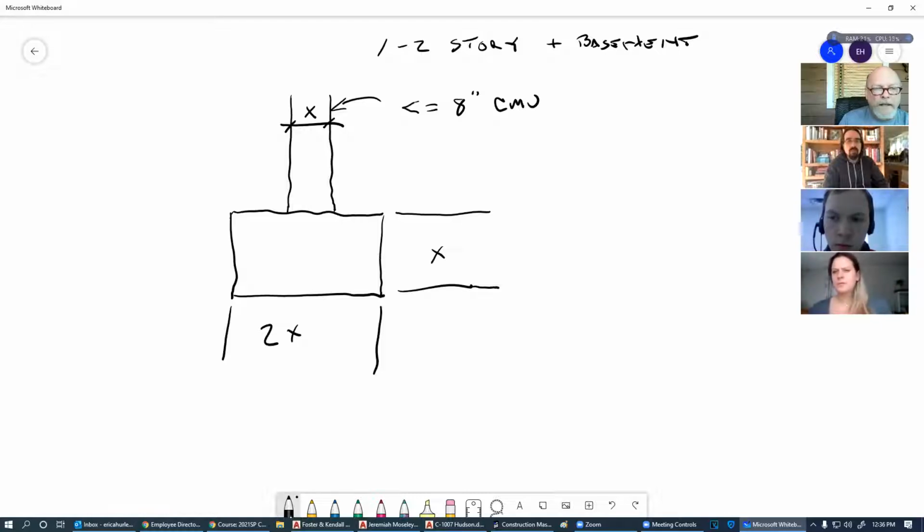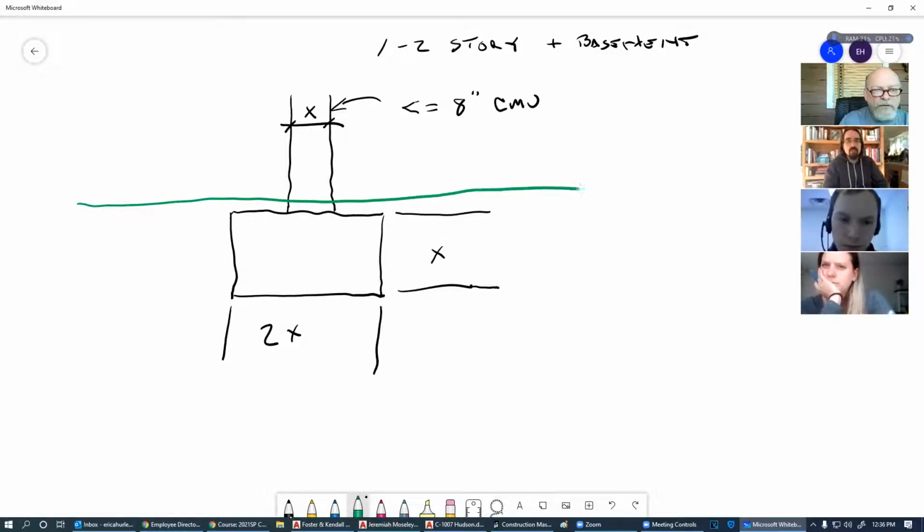All right, so if we're out here on the ground, and I'm just going to make a line across here. This is earth. This is the finished grade. Now again, this is not the grade where we've done our bulldozing, we've pulled this down, we're pouring our footing, and that's not finished grade.